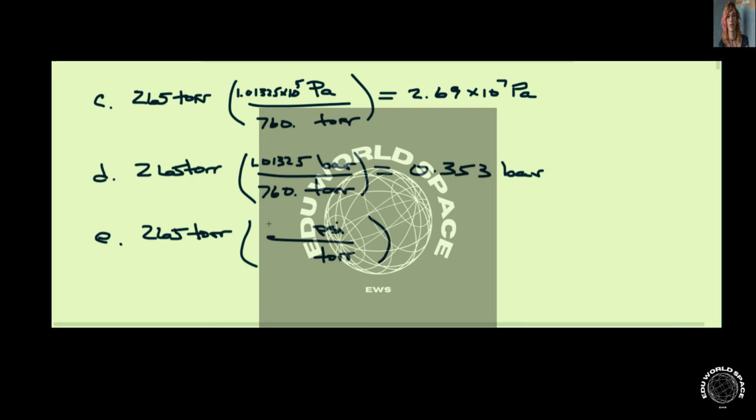And so we'll put our 14.69 on the top, our 760 on the bottom. And again, this is going to be to 3 significant figures, and we'll wind up with 5.12 PSI. So use dimensional analysis to convert between your units.